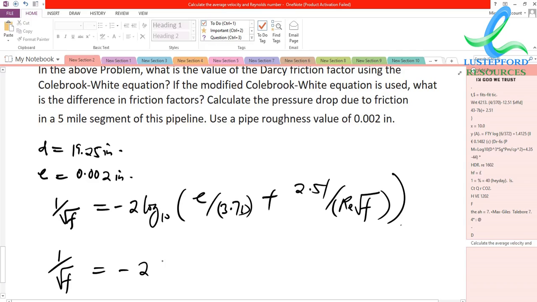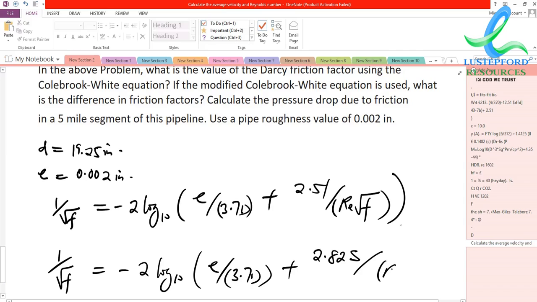to minus 2 log 10 of (e divided by 3.7D plus 2.825 divided by Reynolds number times square root of f).